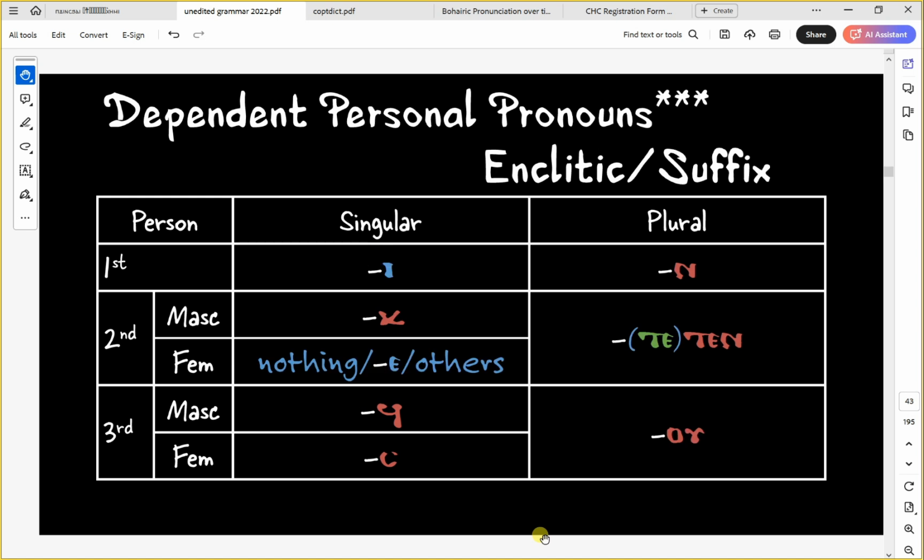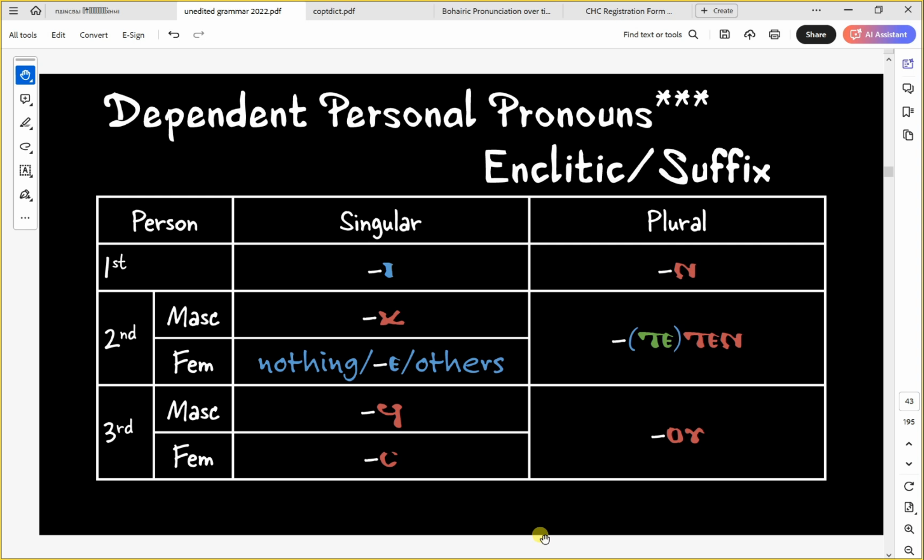For the suffixes, it's e for I, which I mentioned before. Ka is the same. Here I expand because it's not a summary slide deck. So for second person feminine, it's either nothing or you add an eya, which I mentioned before. Like if you want to say the Lord is with you, nem is with, and then you could shove a pronoun suffix after it.